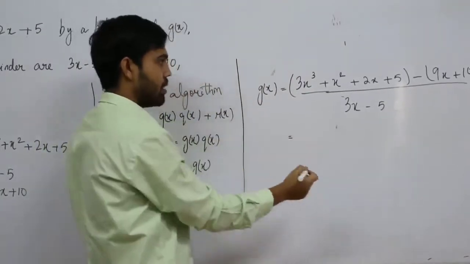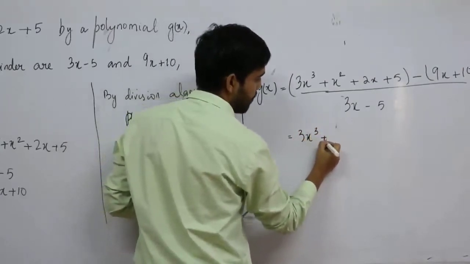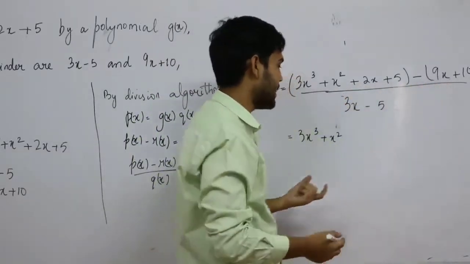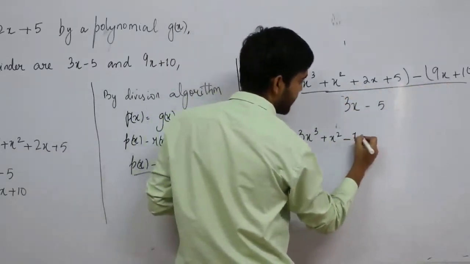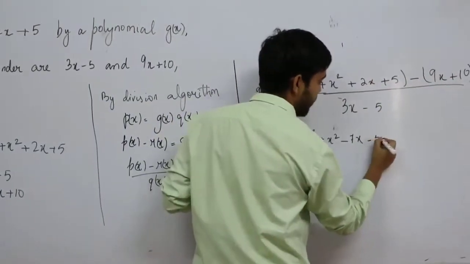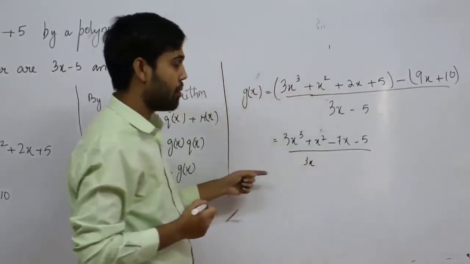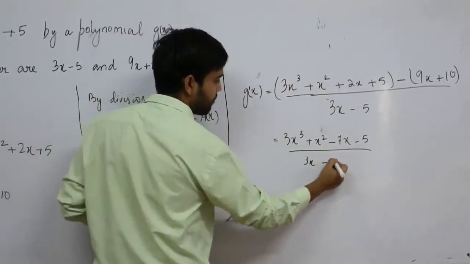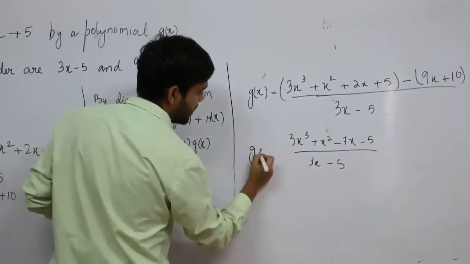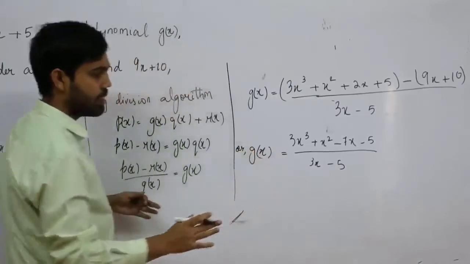So now again, simplifying this, I'll have 3x cubed plus x squared plus 2x minus 9x, so I'll have minus 7x, okay, plus 5 minus 10, this will give me minus 5, by 3x minus 5. Okay, so this will give me the value of g of x.